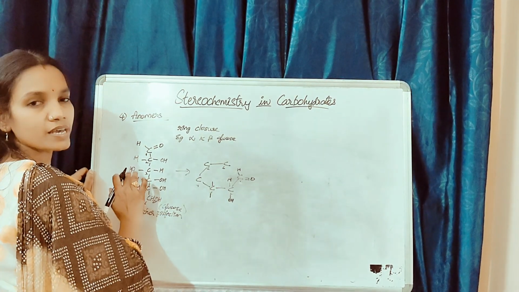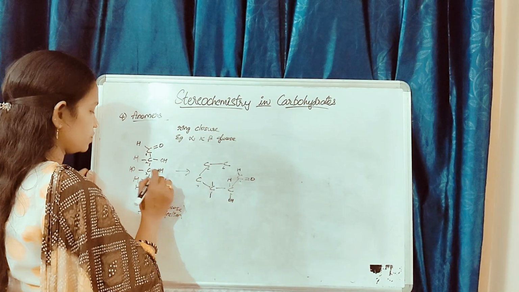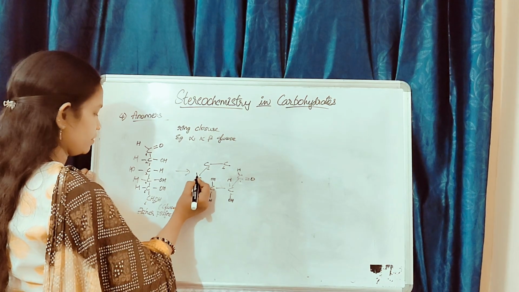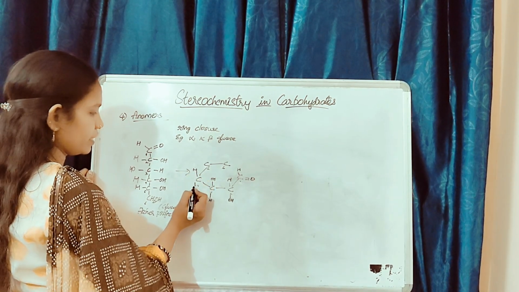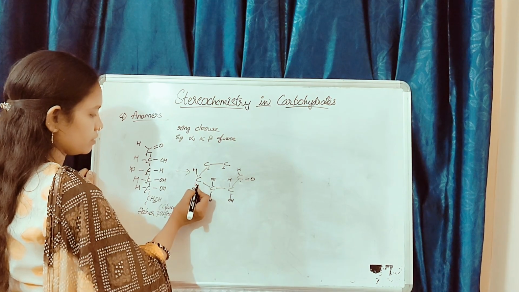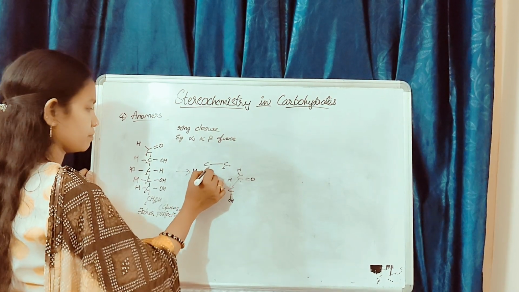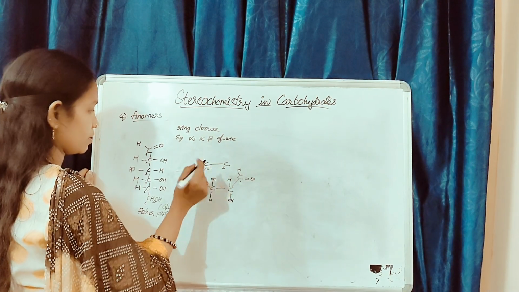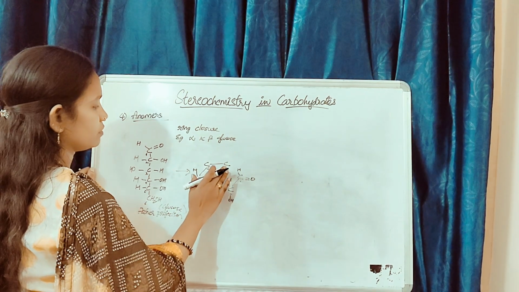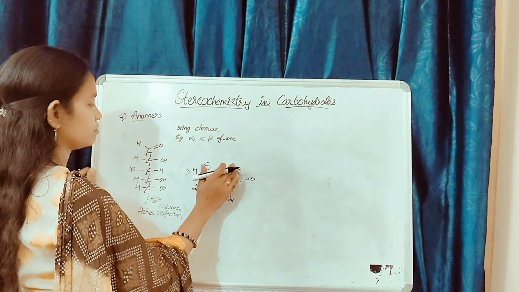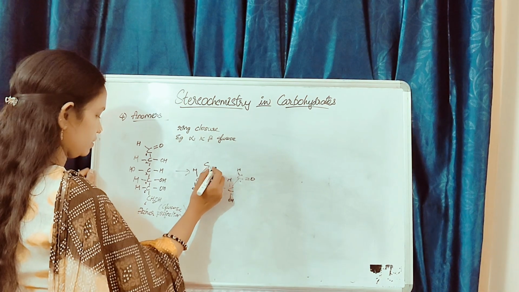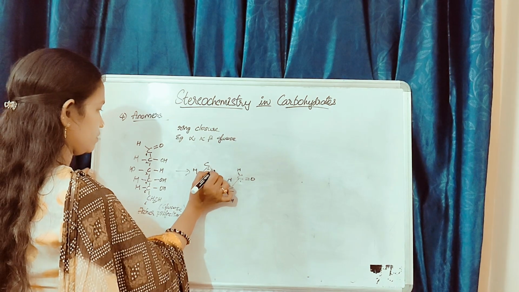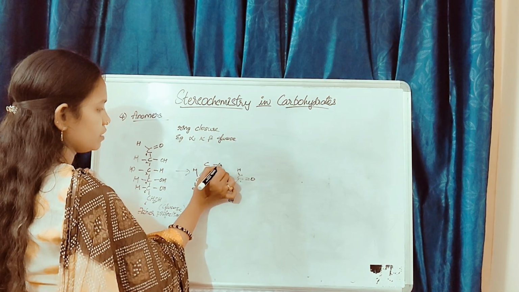Here it is left and right. Here it is top and bottom. So here OH, H. Fourth carbon, H, OH. Fifth carbon, H, this OH.